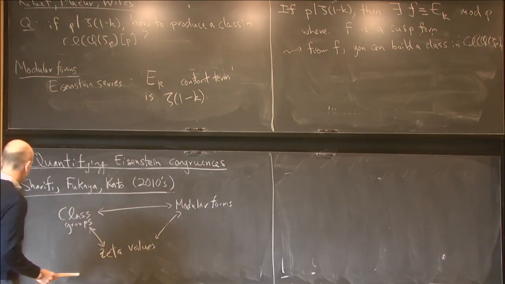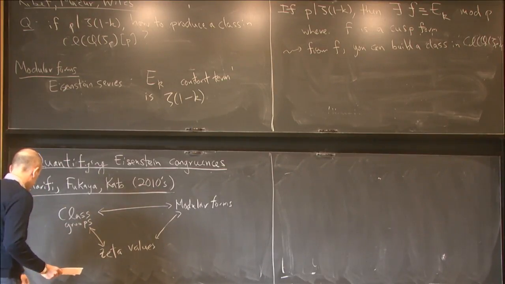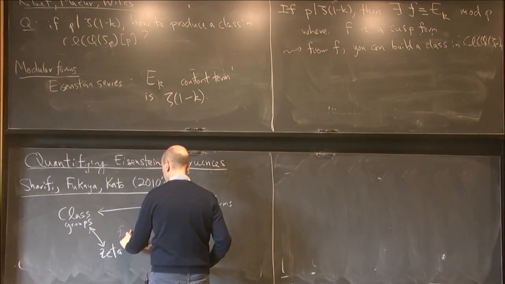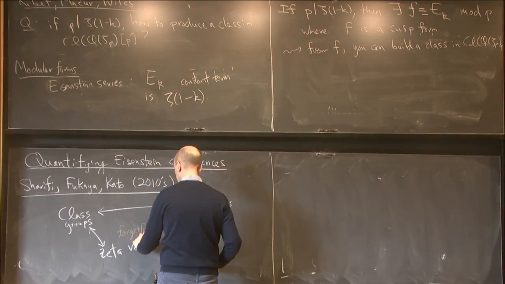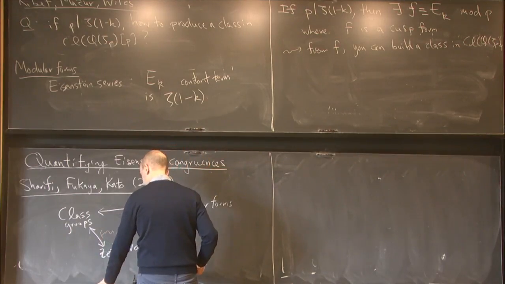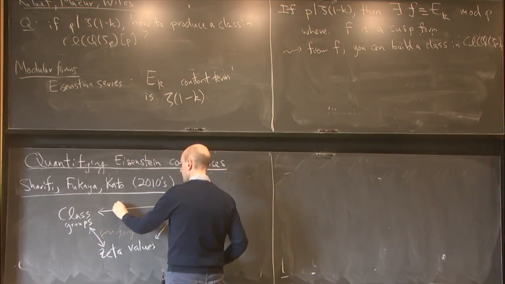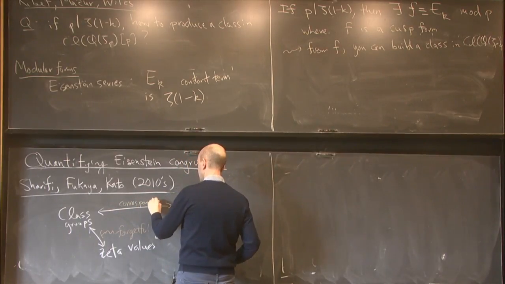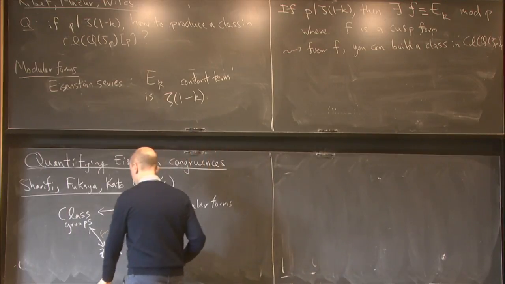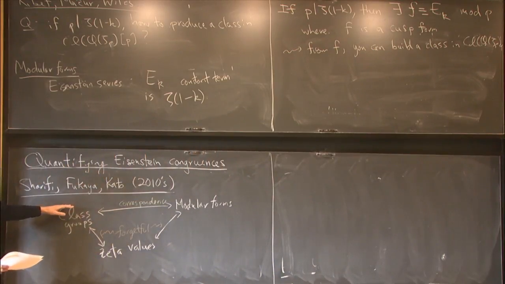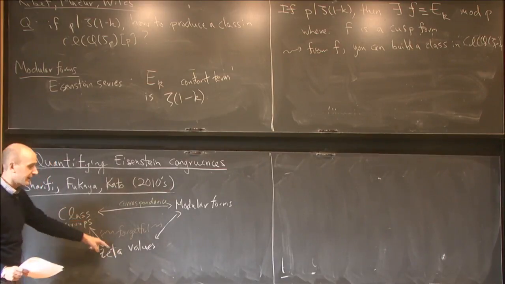But in fact, the philosophy of these people is that these arrows are forgetful arrows, and that this arrow is more of a correspondence. Meaning these two things contain the same amount of information, but this thing forgets some information.